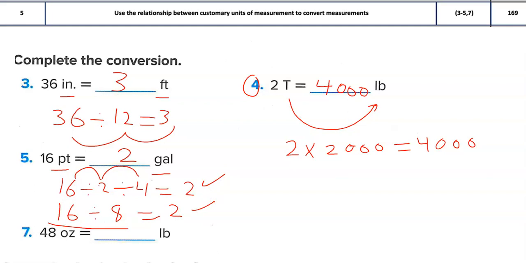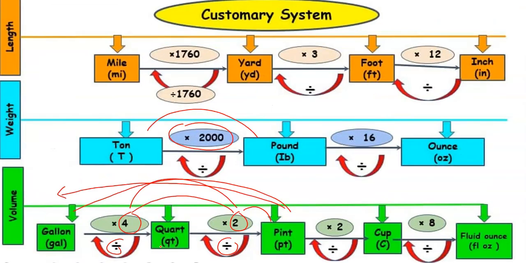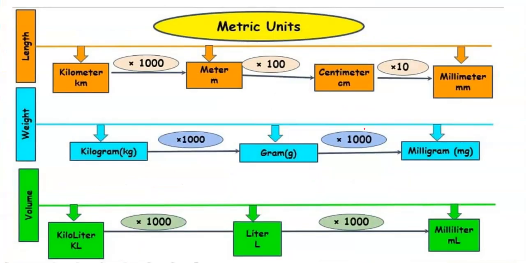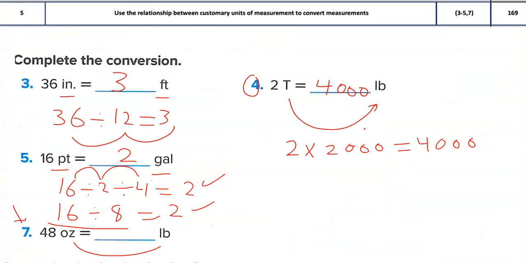Okay. The last question on this page is from ounce. OZ means ounce. From ounce to pound. Let us go to the slide. From ounce to pound, from smaller to greater, so it is division by 16. So 48 divided by 16 equals... You can use long division, or do it mentally.